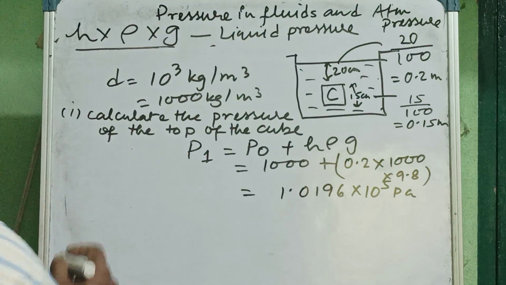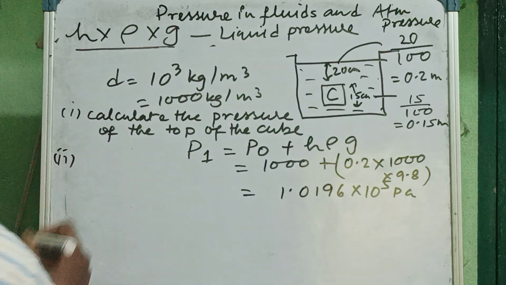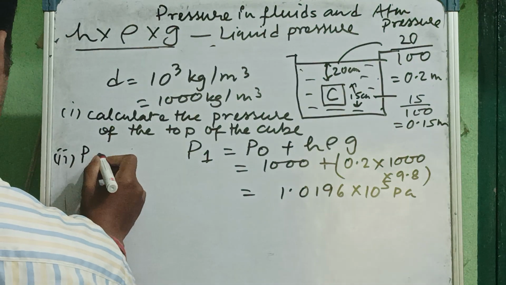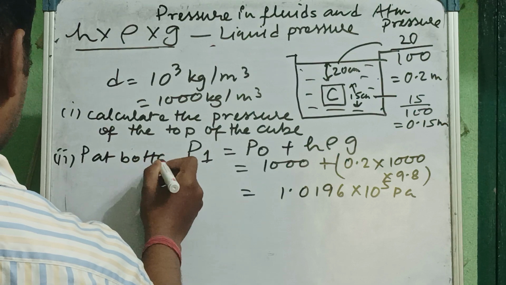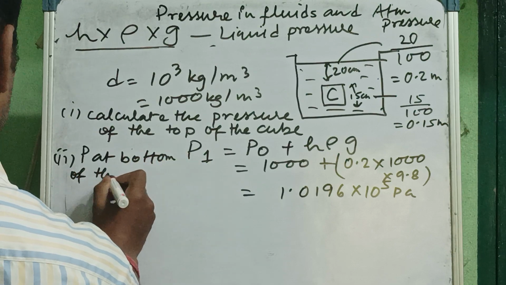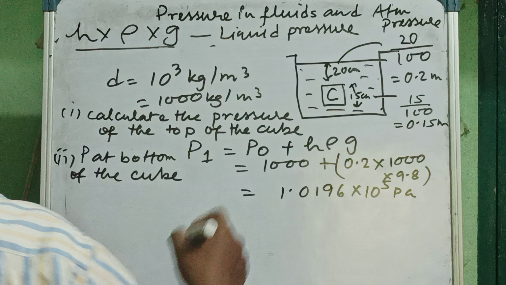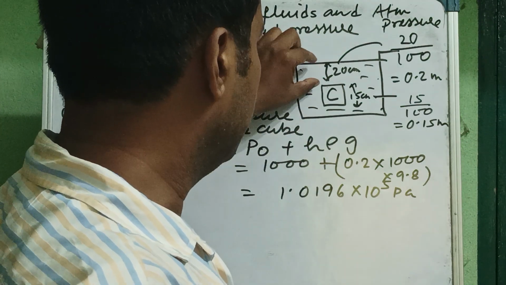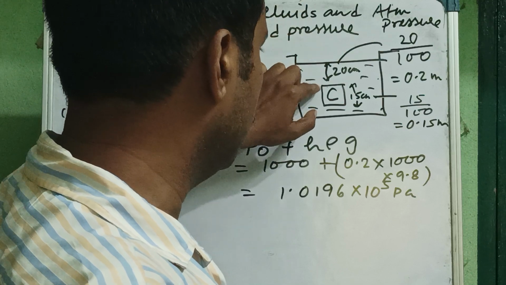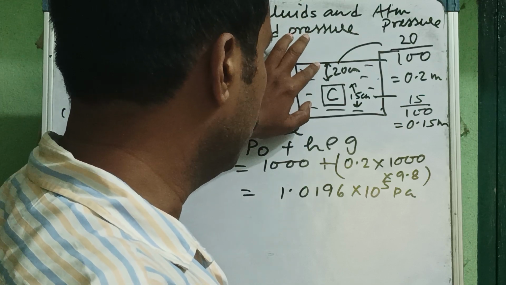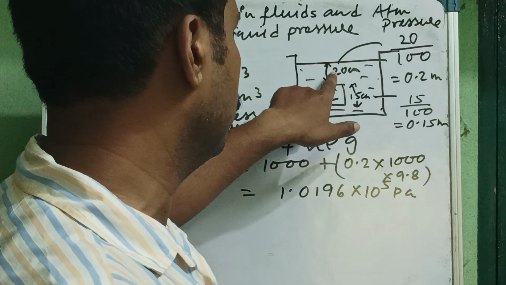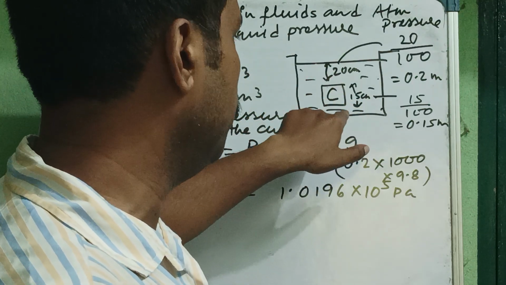Now question number 2 is the pressure at the bottom of the cube. The cube is 20 centimeter below the liquid surface at the top, and at the bottom of the cube, 15 centimeter is also added. 20 plus 15, that is 35 centimeter.